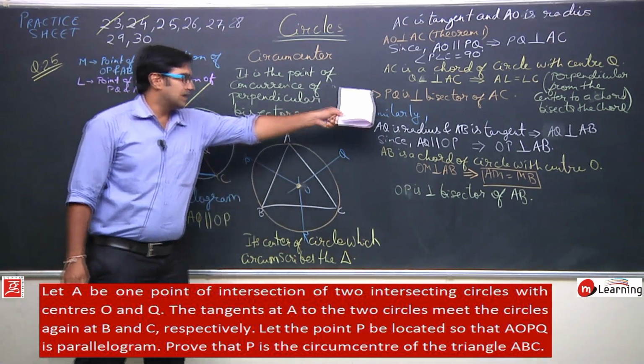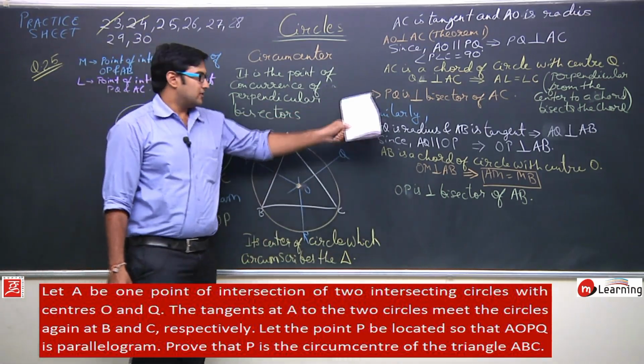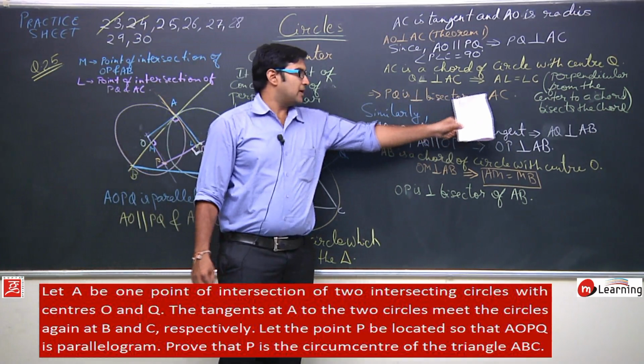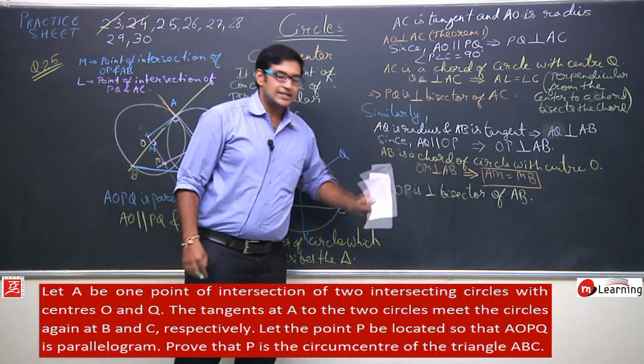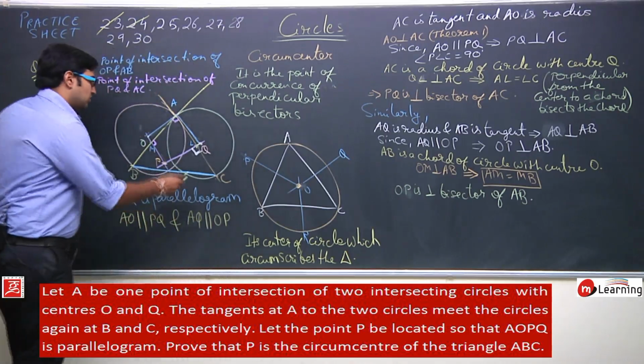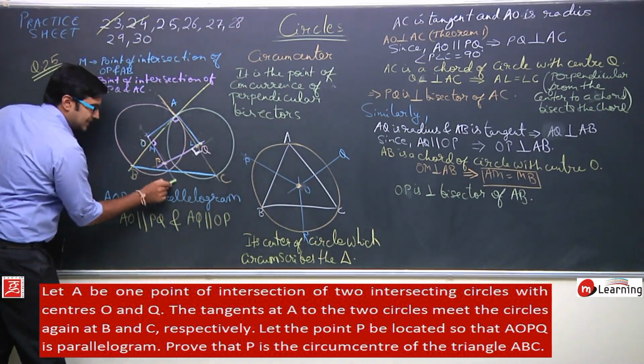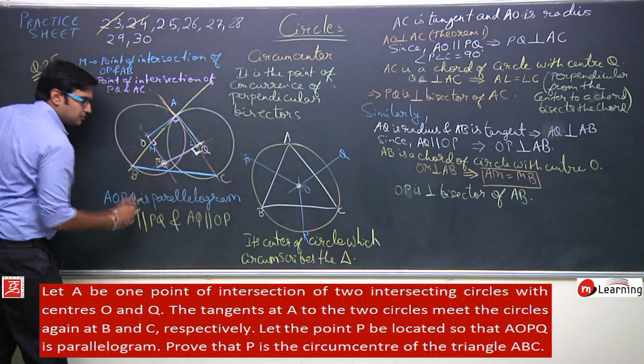Now observe the two conditions. You have written first that PQ is the perpendicular bisector of AC and OP is the perpendicular bisector of AB. So these two perpendicular bisectors meet at point P.